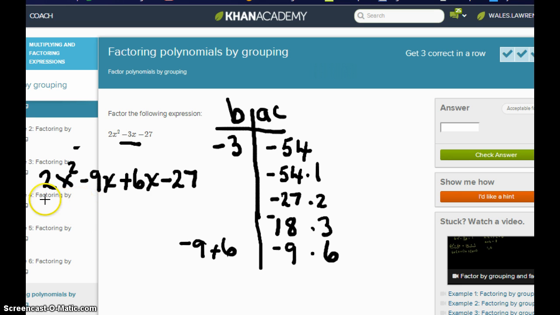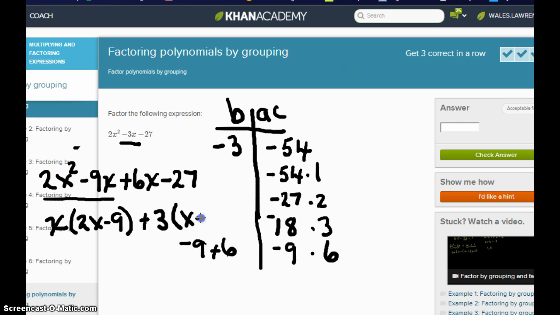All right, so the factors here look like just x, and I'm left with 2x minus 9. Factors over here look like 3 times x. Whoa, what happened? Oh, that's what happened. 2x minus 9. See, I was expecting to find the factor and I didn't see it there for a second.